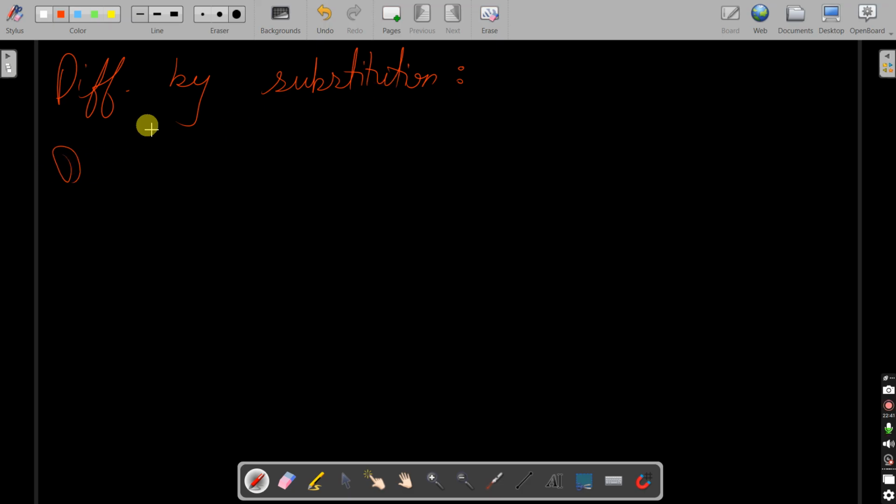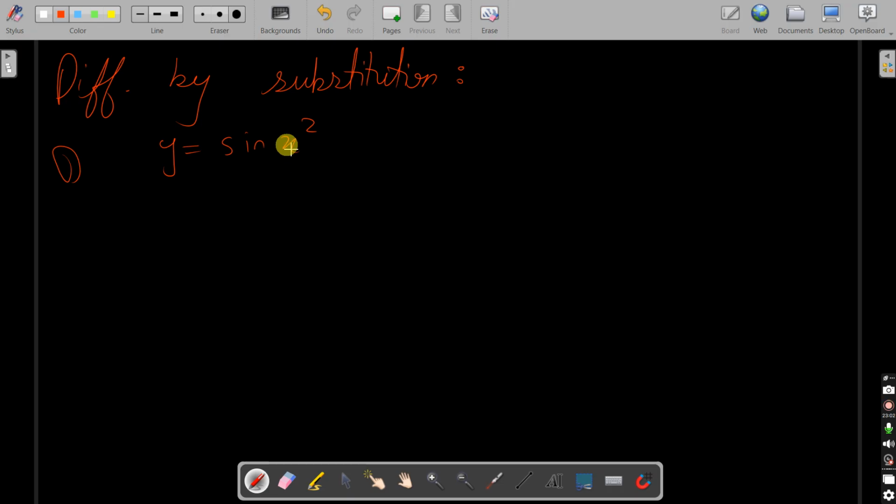Let's take one example like y is equal to sine x square. In a traditional way, we would solve sine x as cos x, but this is not sine x, this is sine x square. So we can't solve it like cos of x.